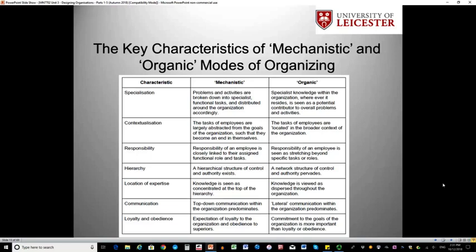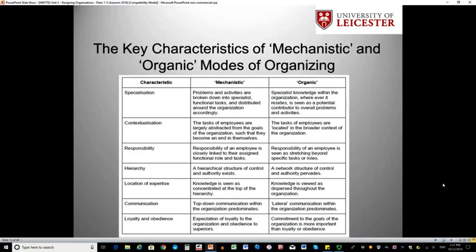So the mechanistic organisation is quite a traditional form. There are still many organisations that operate like this. I guess the classic is military organisations, but there are plenty of other organisations that organise in this way.